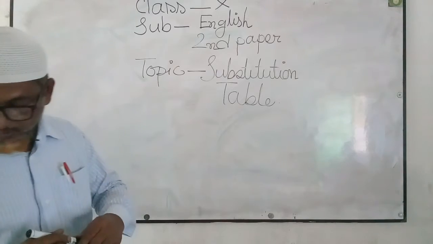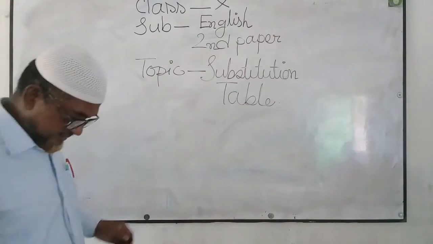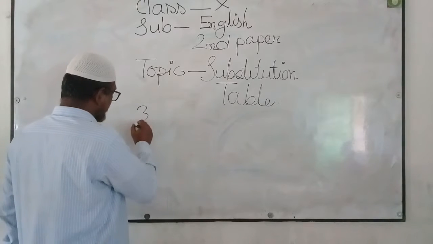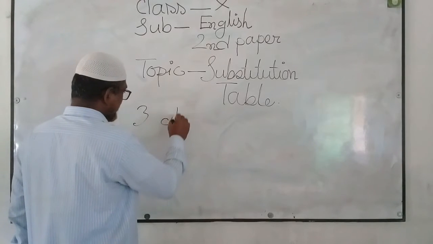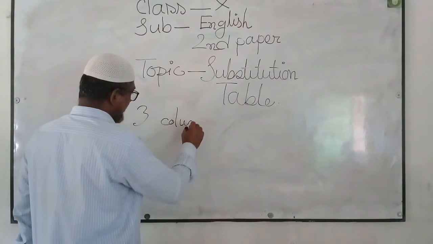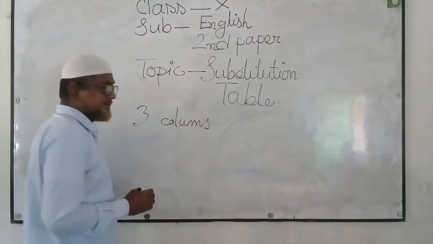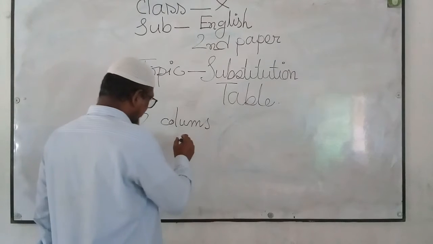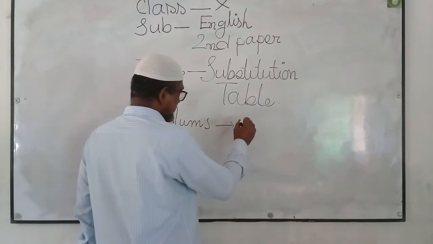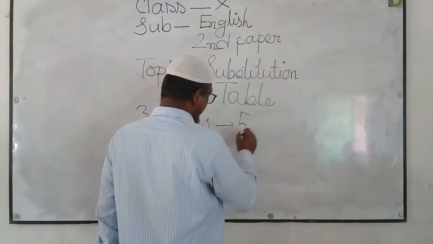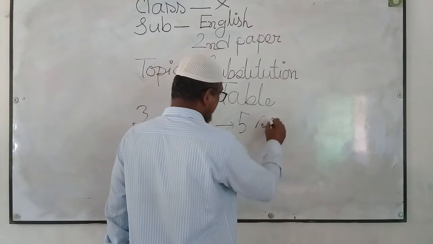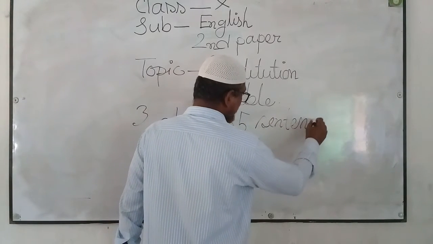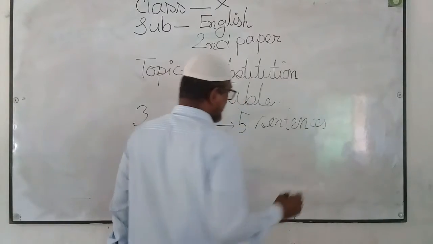The substitution table has 3 columns. You should make 5 sentences from the columns correctly.